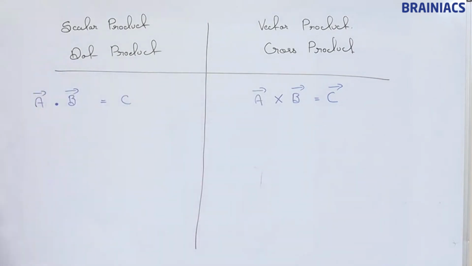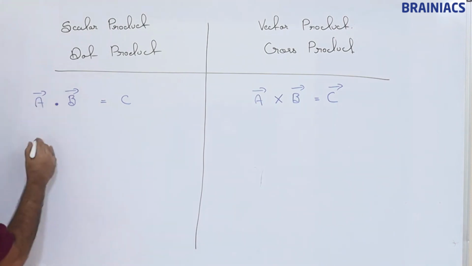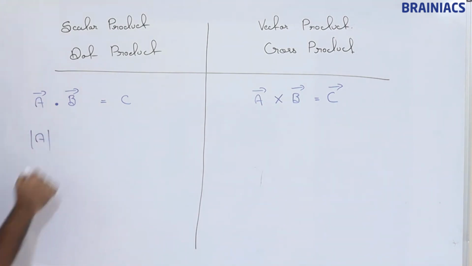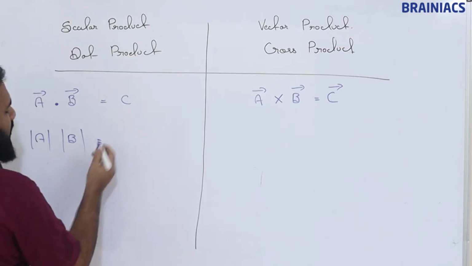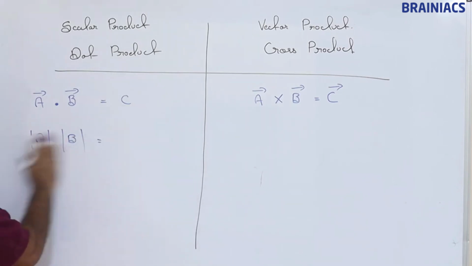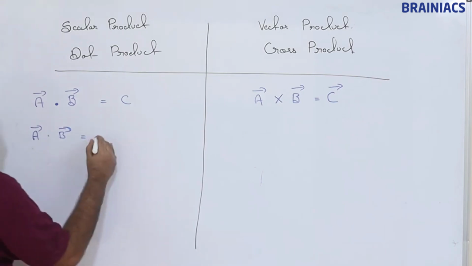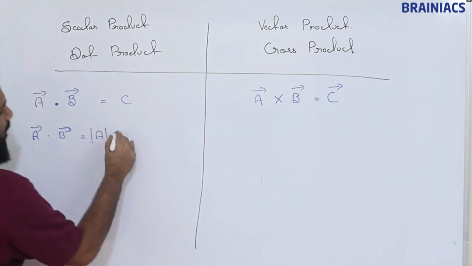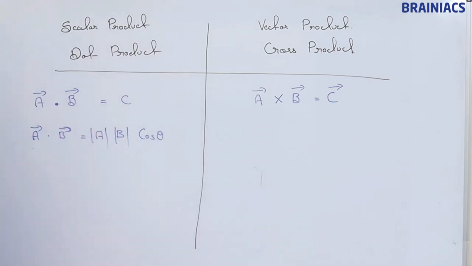Now what is the basic formula of dot product? How can we expand this? A dot B, how can we write A dot B? The basic formula is magnitude of A into magnitude of B into cos theta.